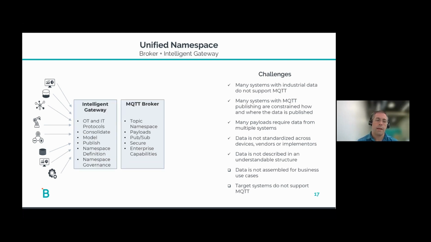What we're seeing is if we add an intelligent gateway at the front end of that MQTT broker, to be able to support multiple OT and IT protocols, consolidate the data, model it, then publish it into the broker, now all of a sudden we have a highly structured broker. Now we're able to get data from many different systems into the broker.